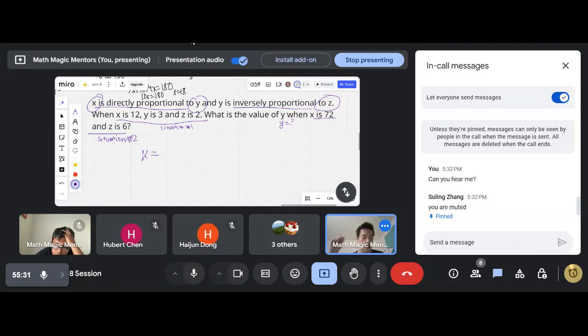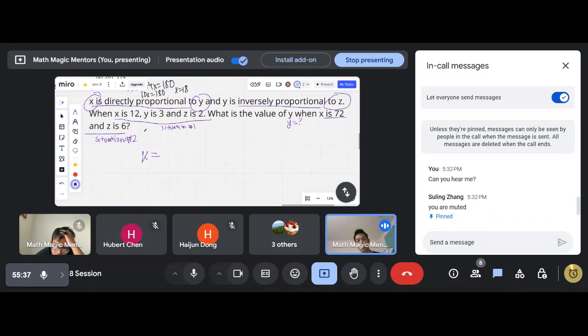Because our call ends in 5 minutes, I'll just demonstrate the key step in representing our constant in terms of x, y, and z. So x is proportional to y, and y is inversely proportional to z.